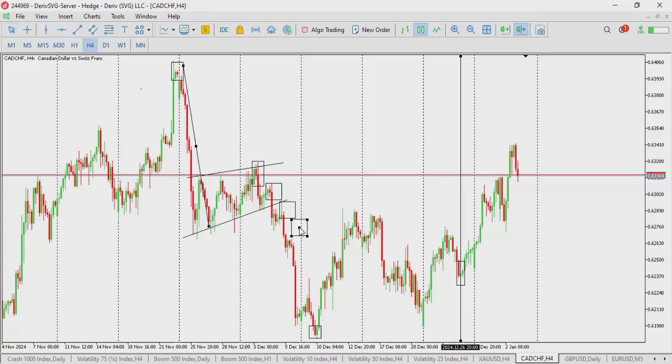I'm just marking up all the other blocks I'm seeing on the way. This is another lower high, and this is another lower high. Please pay keen attention so you understand, because this is the game changer for you. These are other blocks on the way, down to this point.